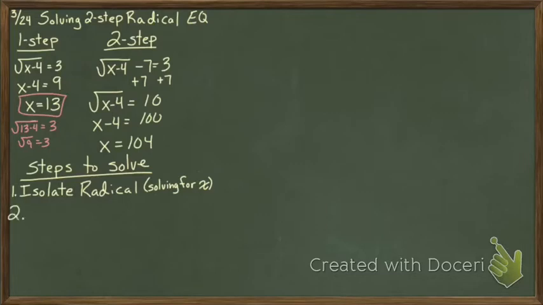Second thing you want to do is you want to get rid of the radical. So on the examples above, I squared both sides to get rid of the radical. And then that way I can solve for x that's underneath it.